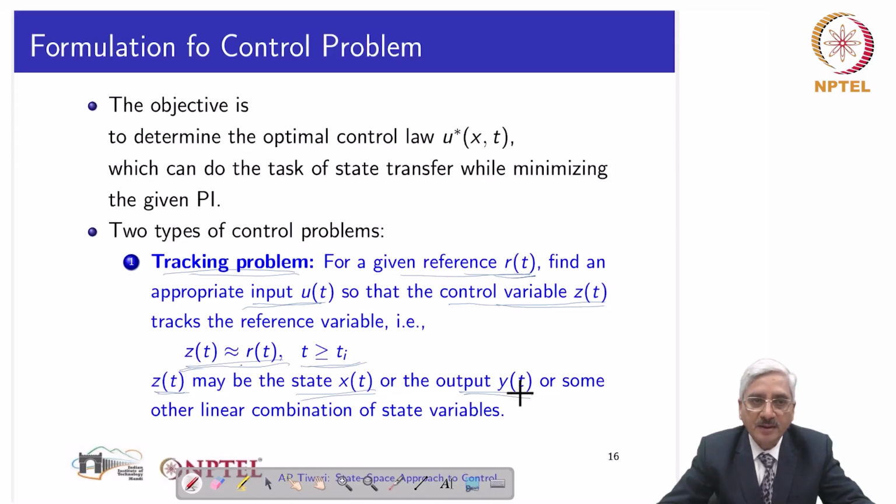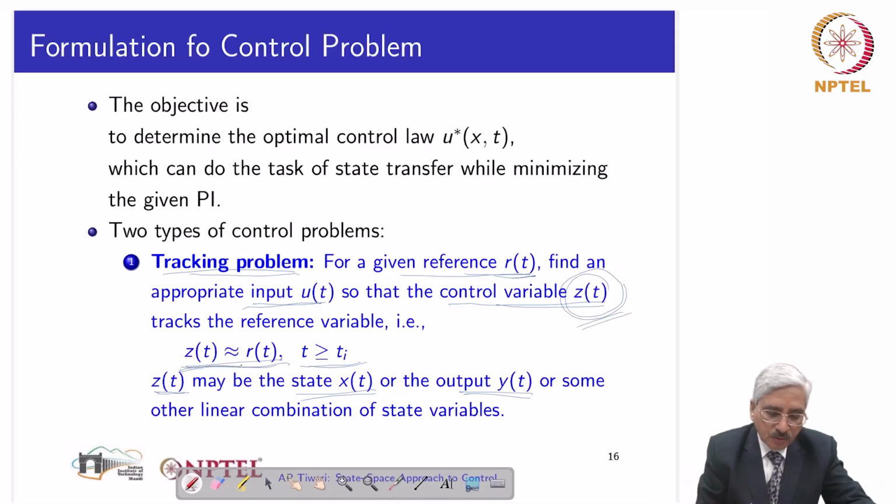So the variables of interest are represented in z(t), and that z(t) has to follow as closely as possible to r(t). In fact, theoretically it should be equal to the reference for all time greater than or equal to the initial time ti.